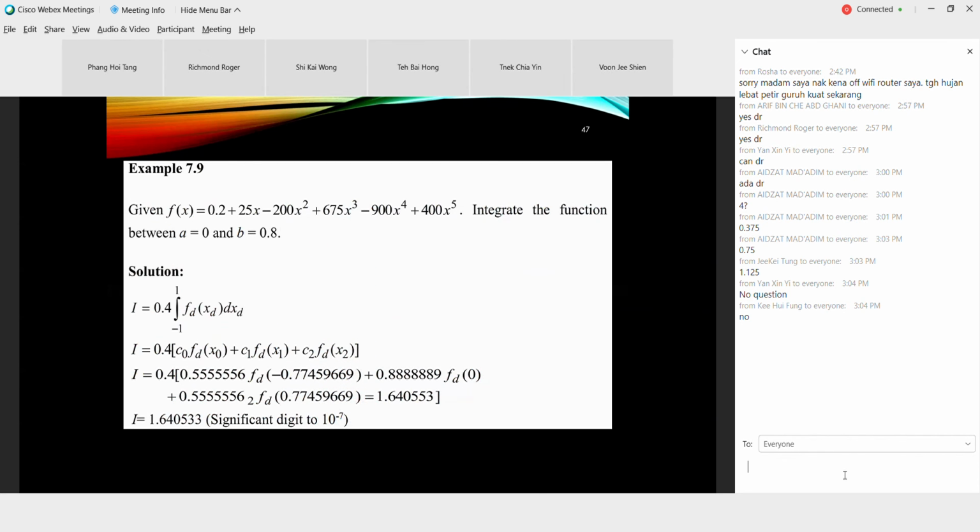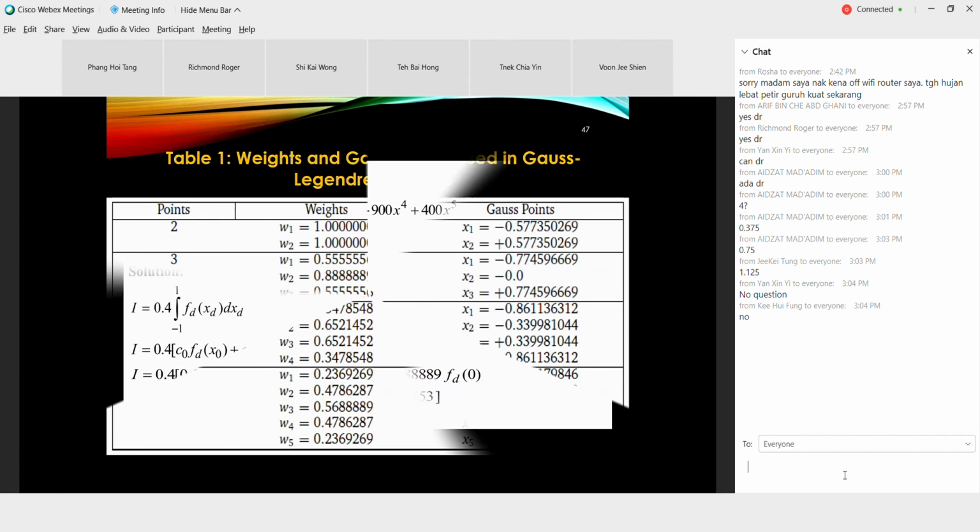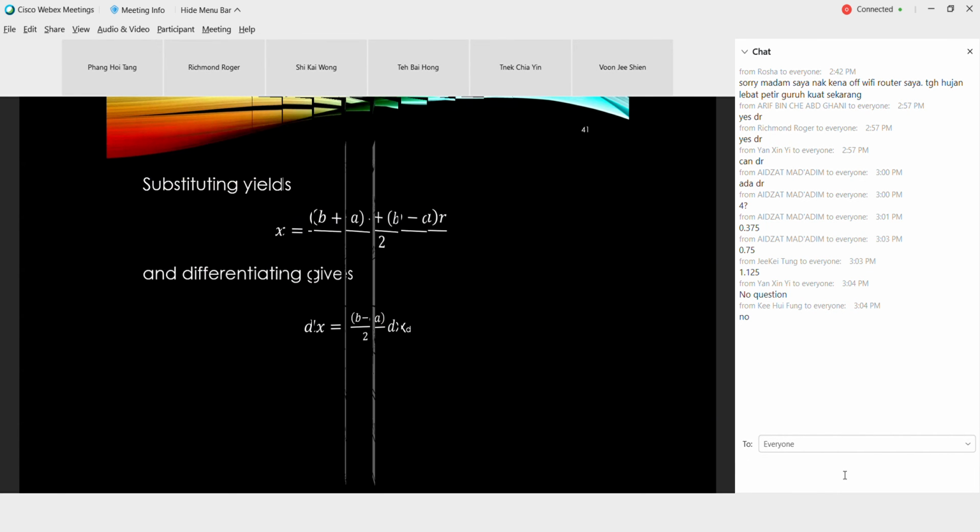Okay, so example 7.3. So this shows how Gauss quadrature can be solved. Okay, given a function like this, integrate the function between a equals 0 to b equals 0.8. Okay, first step that I teach you. First step, what we should do?